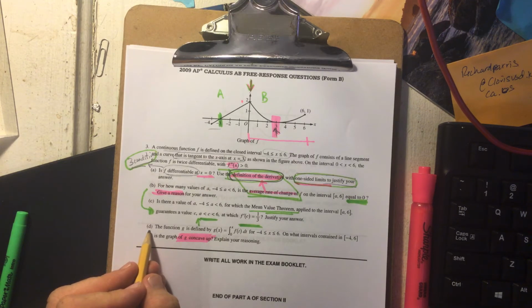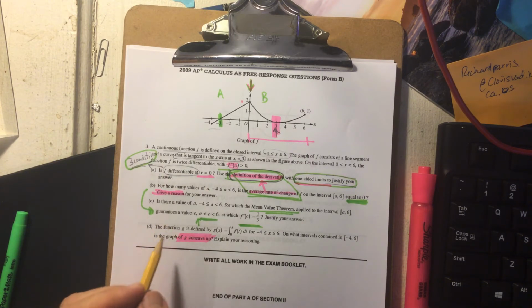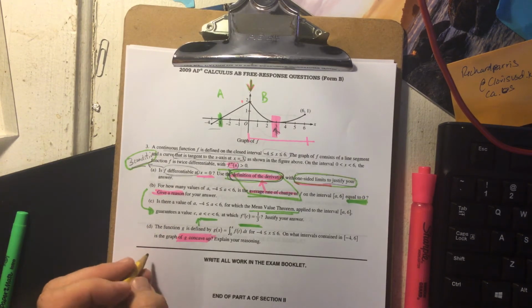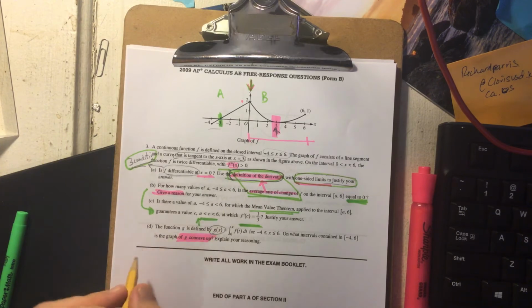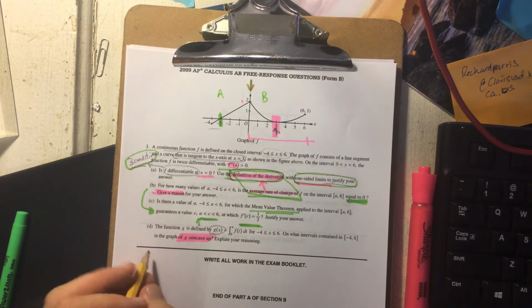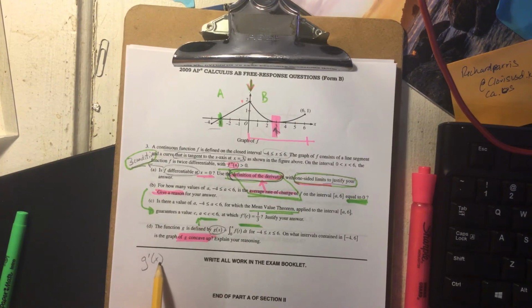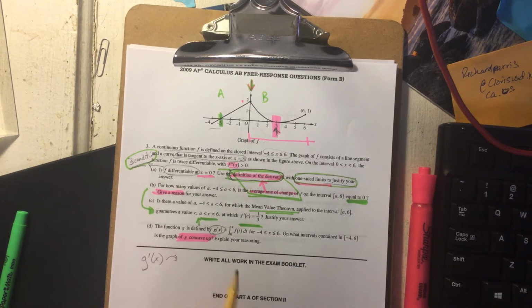Part D is a little different. It's theoretical. You're going to have to relate g of x. Let me rephrase that. You're going to have to relate g prime of x to another function. And then you're going to have to relate g double prime of x to another function, okay?